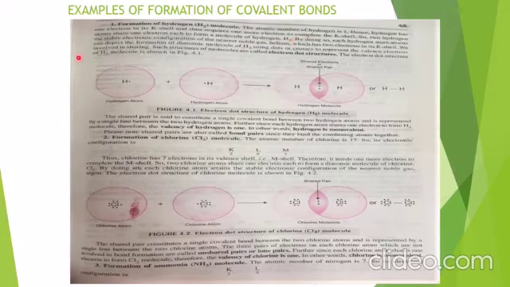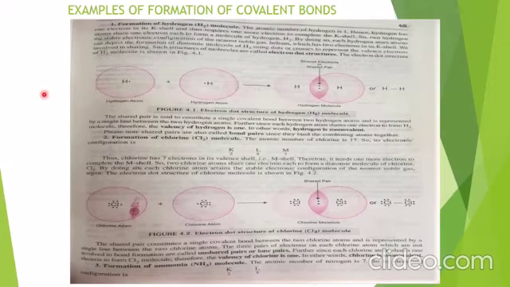So, 2 hydrogen atoms share 1 electron each to form a molecule of hydrogen, H2. By doing so, each hydrogen atom attains the stable electronic configuration of the nearest noble gas, that is helium, which has 2 electrons in the K shell.